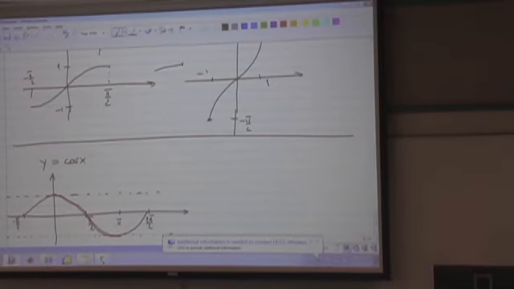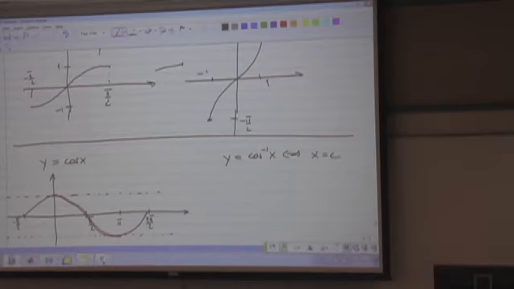And so y equals cosine inverse of x is equivalent to x equals cosine of y, where y is between 0 and pi. Is that making sense? Yeah?